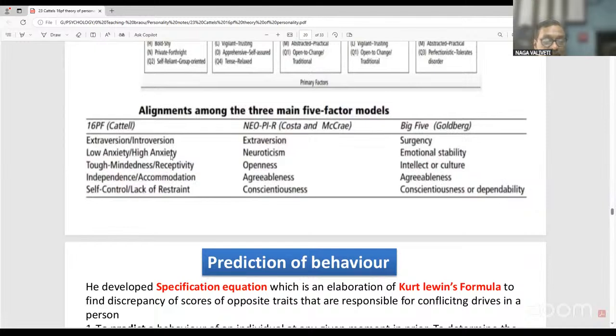Then low anxiety and high anxiety are called neuroticism. Same as the Big Five: emotional stability, tough-mindedness as openness, independence versus accommodation as agreeableness, self-control as conscientiousness. These are already there in 16 PF. Costa and McCrae arrived at them, and we are also going to discuss this at the last unit.